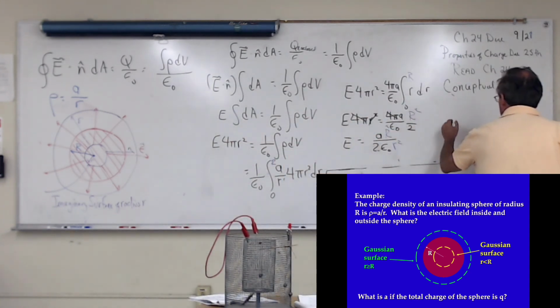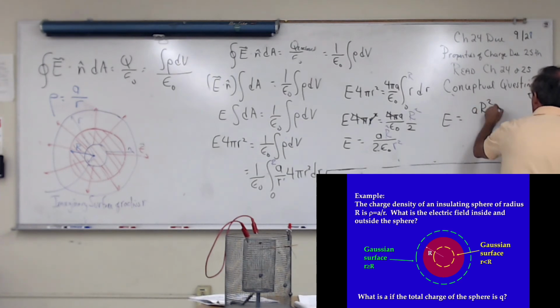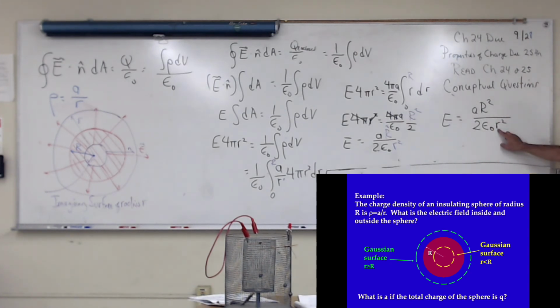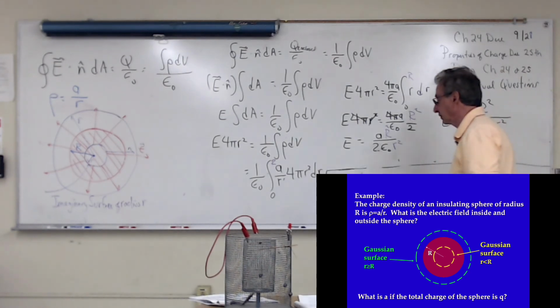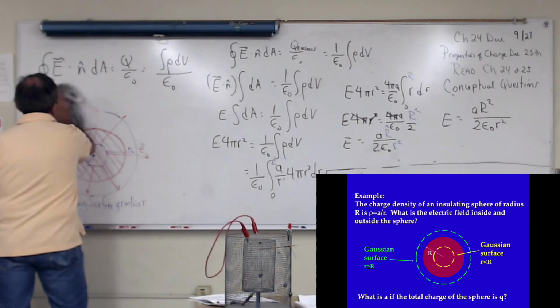The electric field is going to be A times R squared over 2 epsilon naught little r squared. So the field depends on 1 over r squared. If you knew the total charge and you solved for whatever A was, you would end up getting kq over r squared. If I plot the field inside and outside, I get the following.